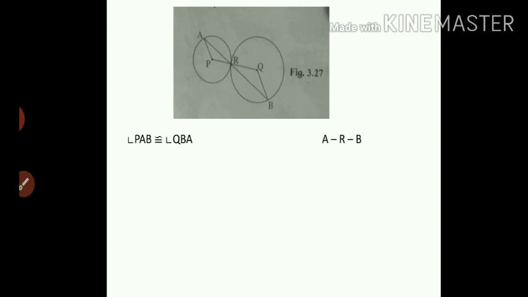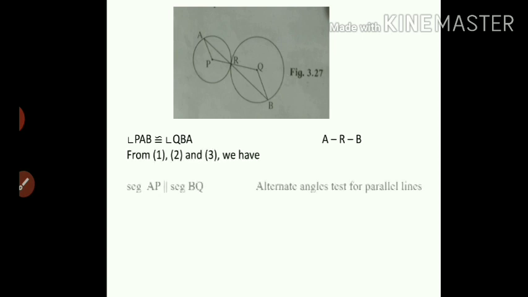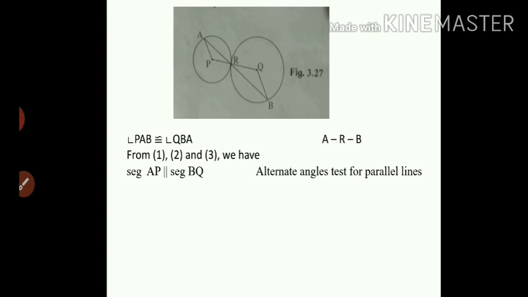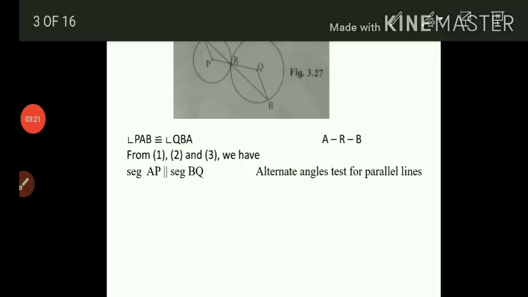So we get angle PAB congruent to angle QBA. So from 1, 2 and 3, what do we get? Segment AP is parallel to segment BQ. The reason is the alternate angle test.